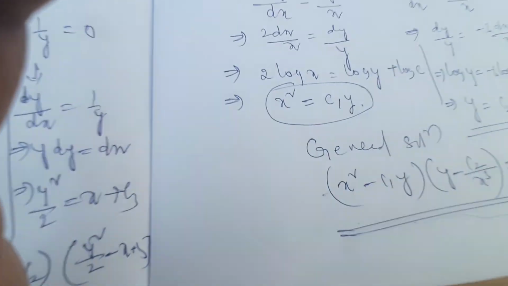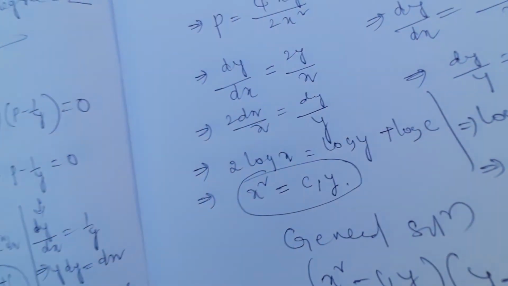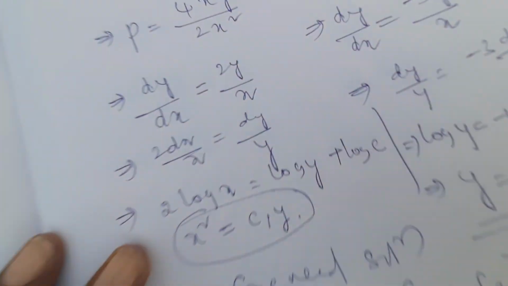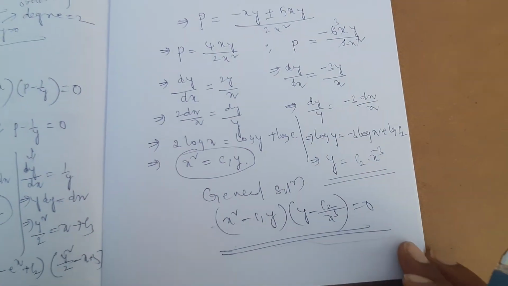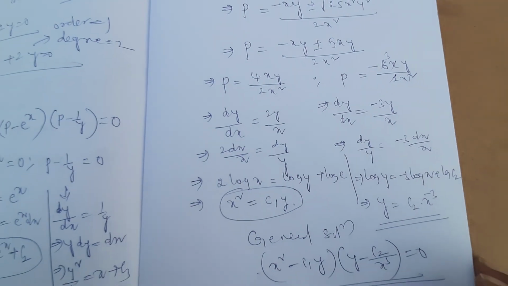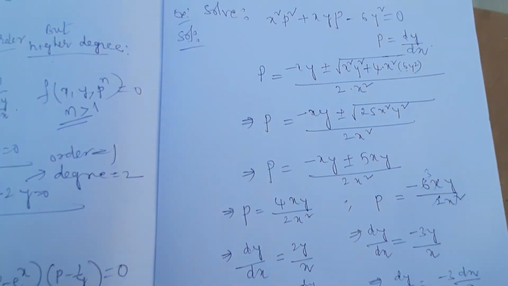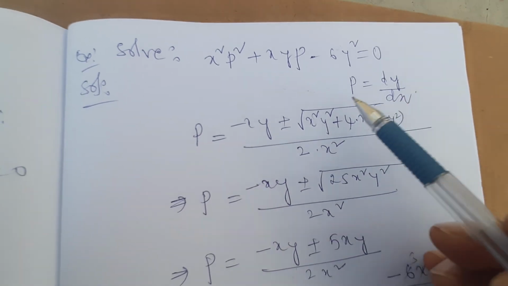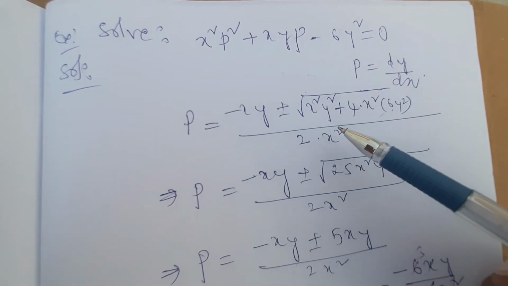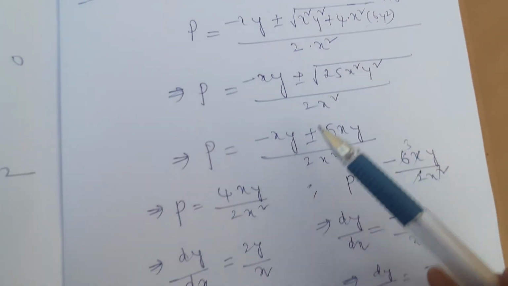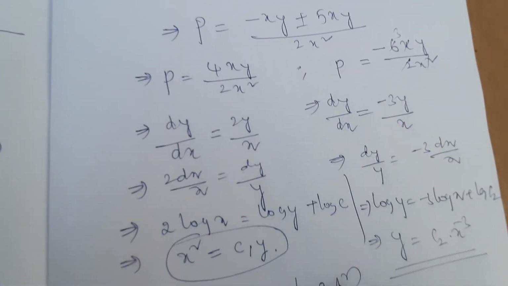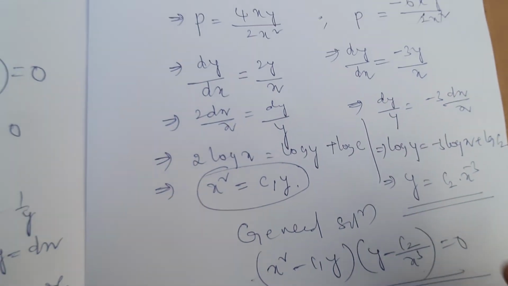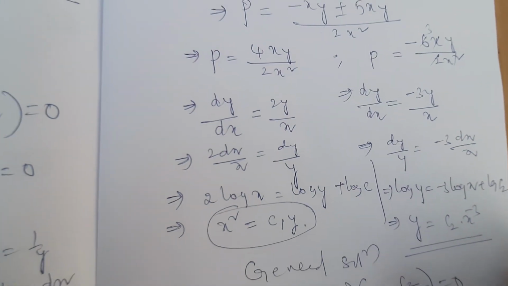This is the complete general solution, and this is known as the solvable for p model. If the factors are already given, you can work with the factors. Otherwise you can factorize like a quadratic polynomial. After getting the two roots, you solve them separately, and at the end you multiply all the solutions. This is solvable for p.